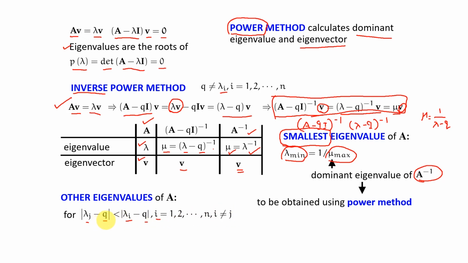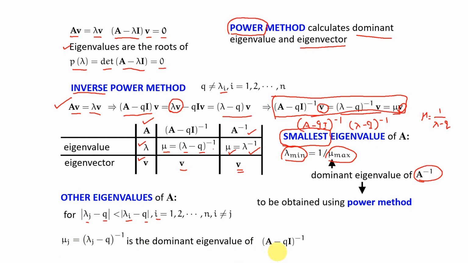What does that mean? It means that I select Q in such a way that it is much closer to lambda j than to any other eigenvalue. So this means that (lambda j minus Q) to the power minus 1 will be greater than (lambda i minus Q) to the power minus 1, and this is very important.